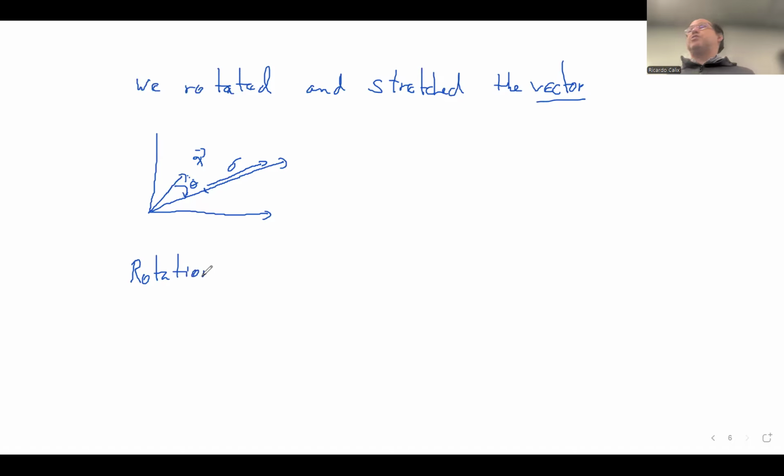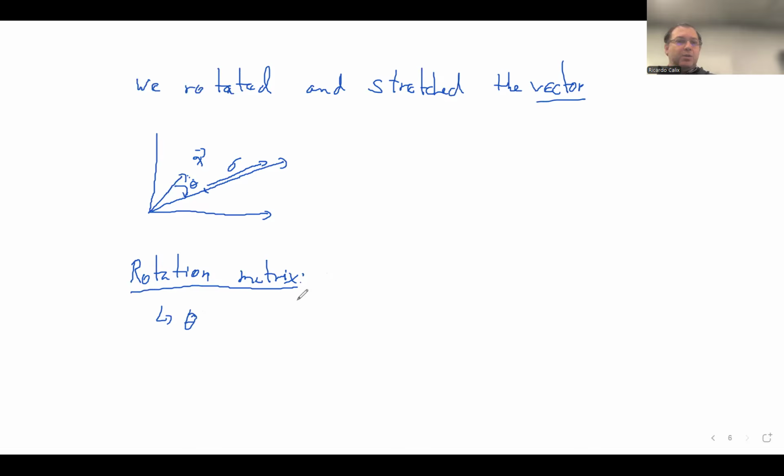just like there is a stretching matrix. So there's a rotation matrix and a stretching matrix. A rotation matrix allows you to rotate a vector by an angle theta. Okay, so it rotates by theta. And it has a specific form.